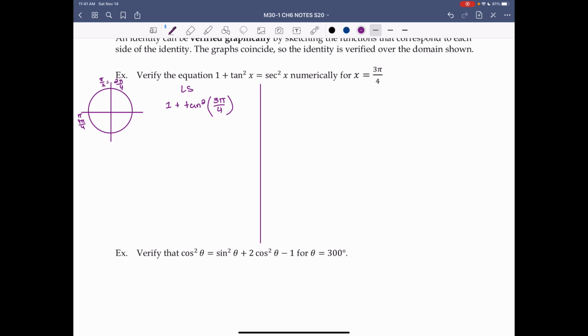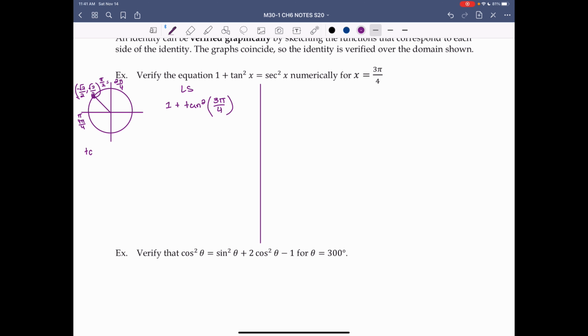Then 3 pi over 4 is halfway between those, so right here. And the x and y values for reference angles of pi over 4 are root 2 over 2 for the x and the y. In quadrant 2, x is negative, so negative root 2 over 2, positive root 2 over 2.